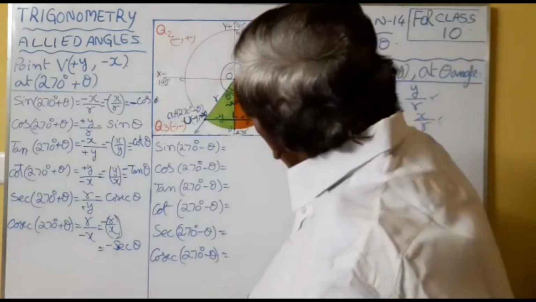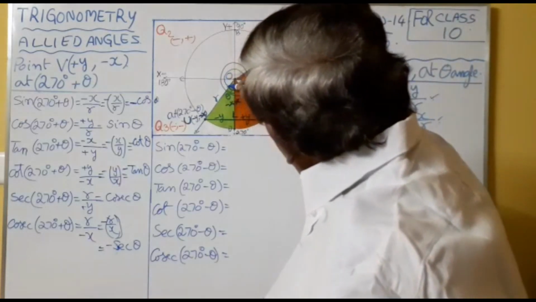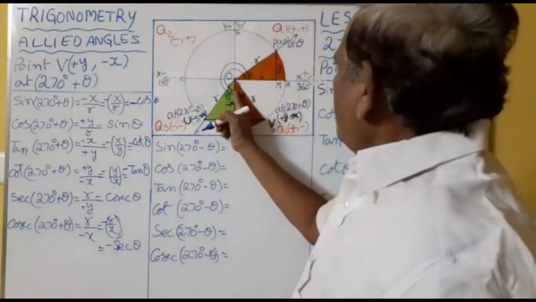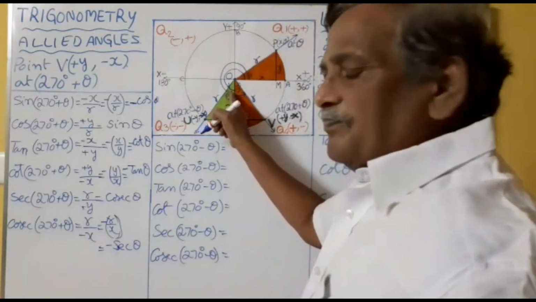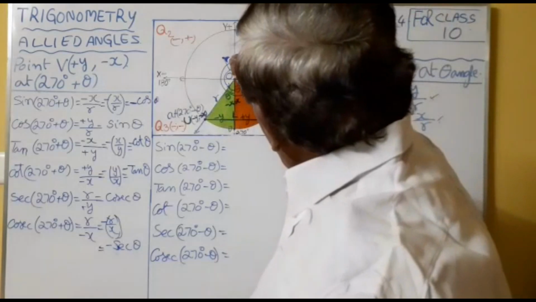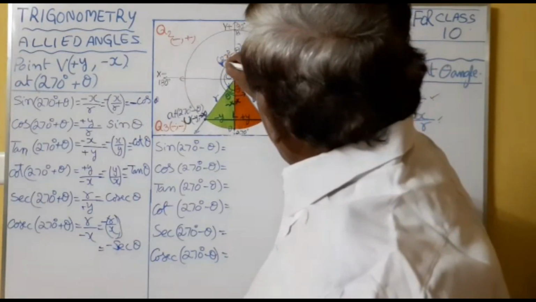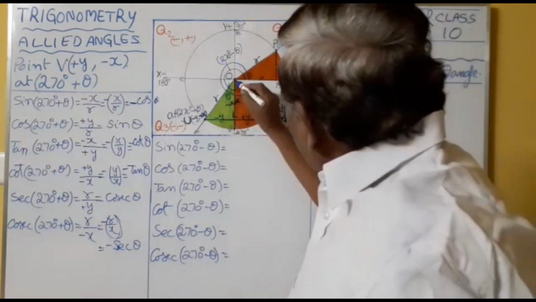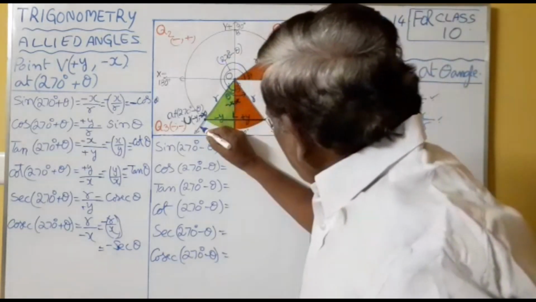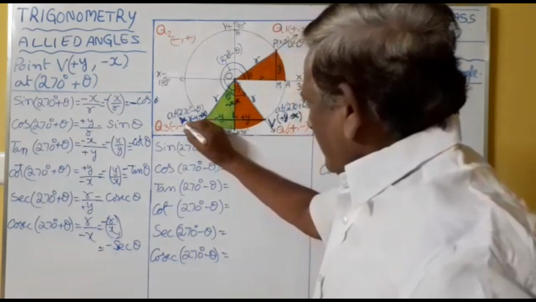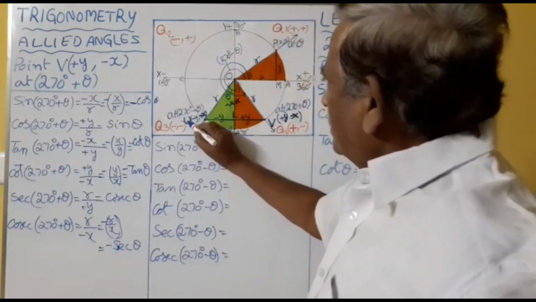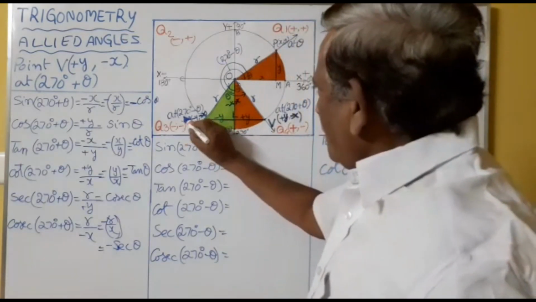Therefore, the remaining angle is 270 minus theta. That is, this ray represents the 270 minus theta angle. Therefore, U is a point at 270 minus theta.